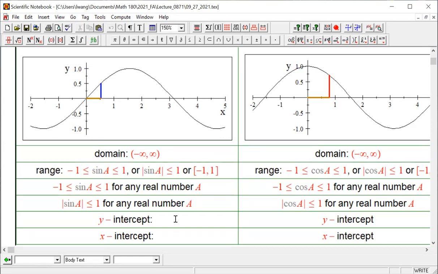The input must be 0, right? The definition of function says for each input, there's a unique output, right? So for that input 0, there can be only one and only output, if 0 is in the domain. Do you guys follow me?